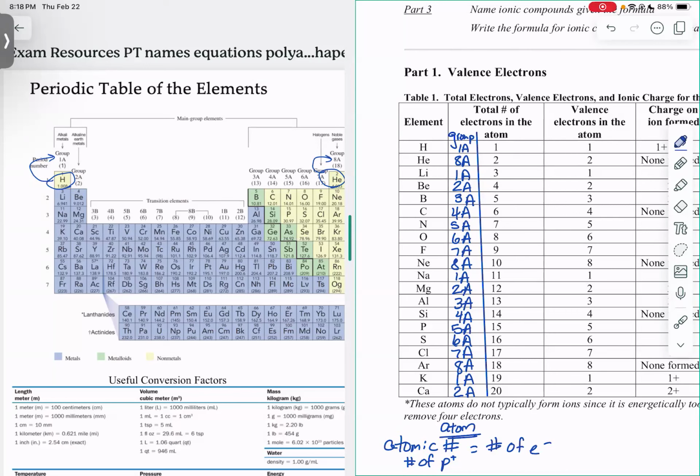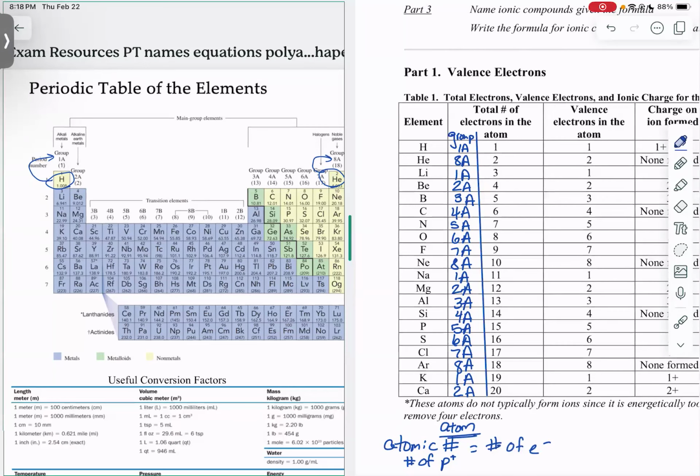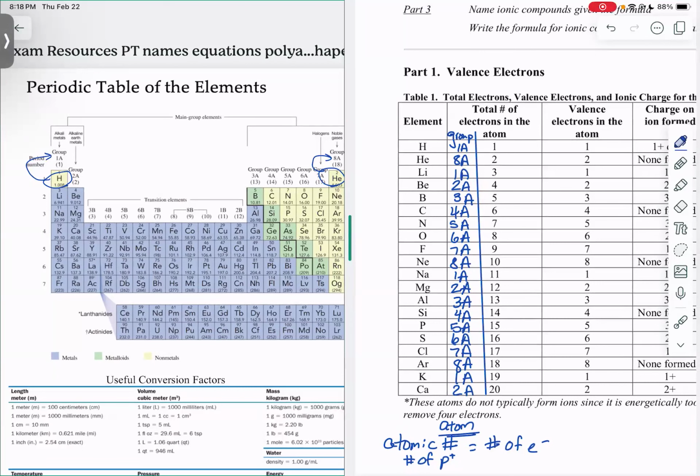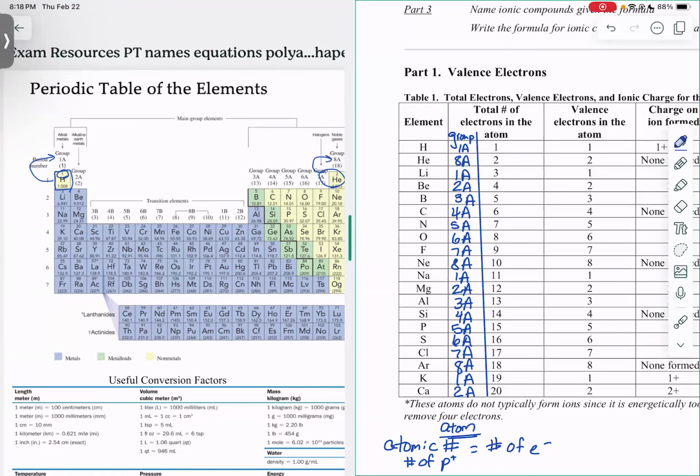If I look at hydrogen, this 1 up here is the atomic number. So that means I have 1 proton and 1 electron in the neutral atom.